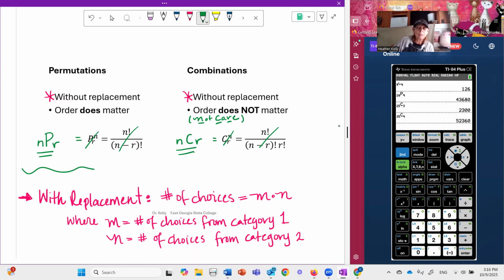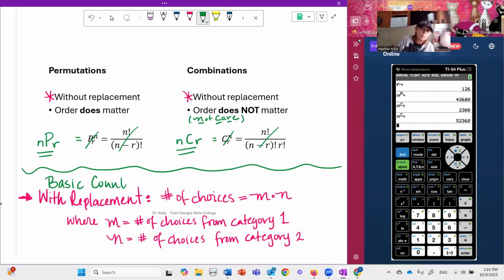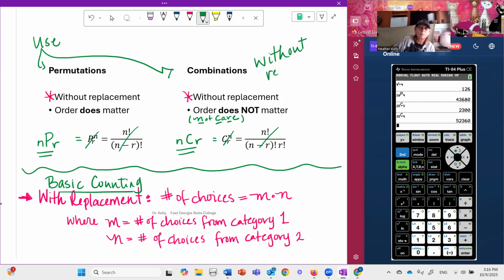And remember that everything we did today, with the exception of the first couple of examples, where we use basic counting when it's with replacement, and we use permutations and combinations without replacement. So if it is with replacement, it's that simple multiplying your choices.